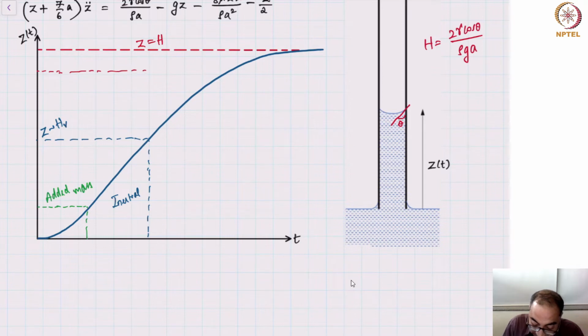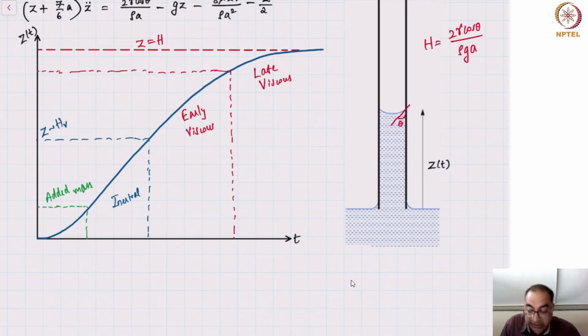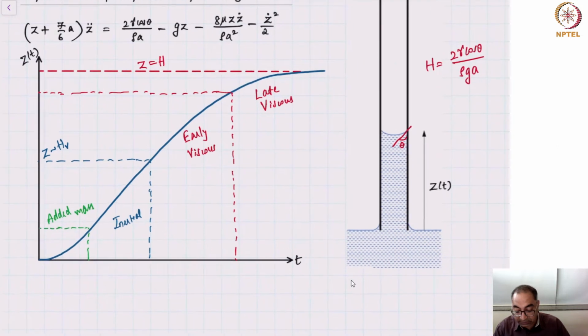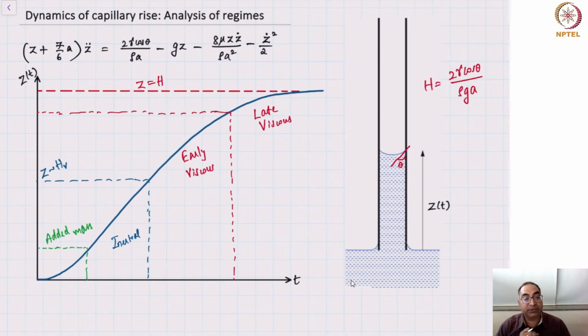We have an early viscous regime and we have a late viscous regime. So this we can say is early viscous, and this is late viscous. Again, the analysis will be similar to the one carried out by Professor John Bush at MIT.